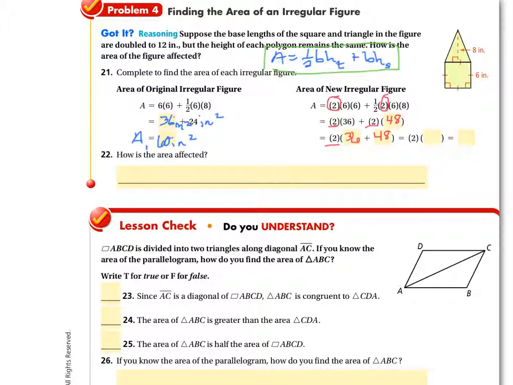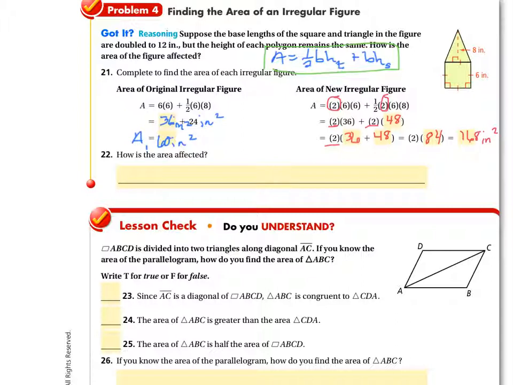So what's 36 plus 48? What's 6 plus 8? 14. And then 3 plus 4? 7 plus the 1. So you get 84. What's 84 times 2? 168. And isn't that inches squared?